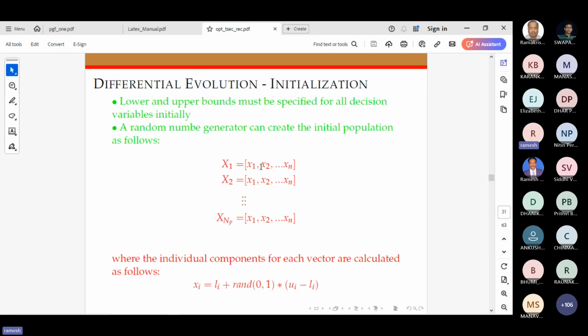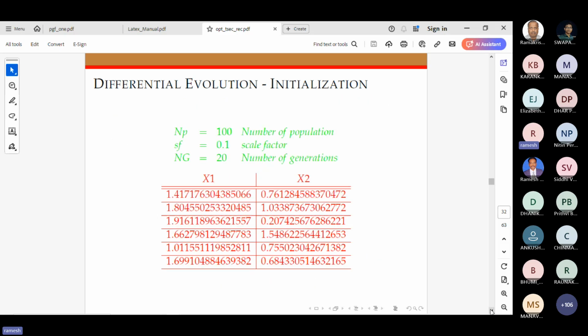This decision variable is compared with this decision variable, this one is compared with this, etc. So once again, after you select these two randomly selected vectors, one from the trial vector set and one from your current population, you compare individual decision variables and then you swap some of them, so that you get a new trial vector. That is how your trial vector set is modified in the crossover process.